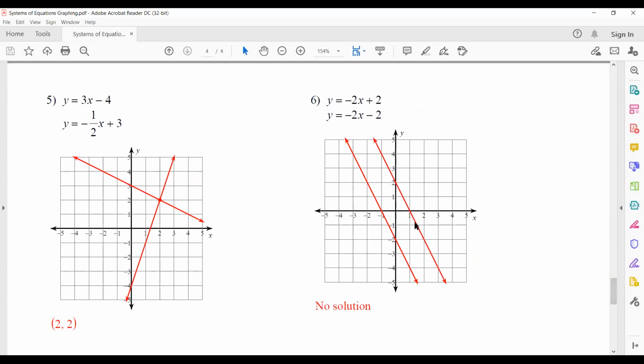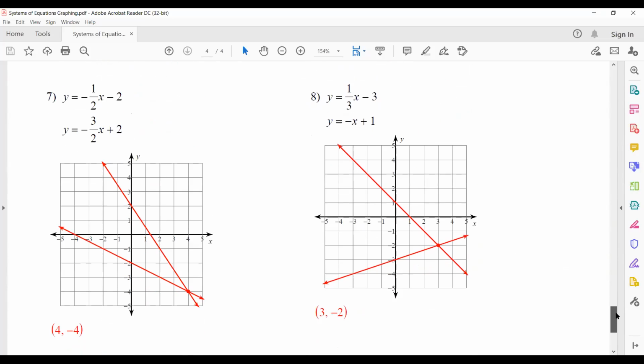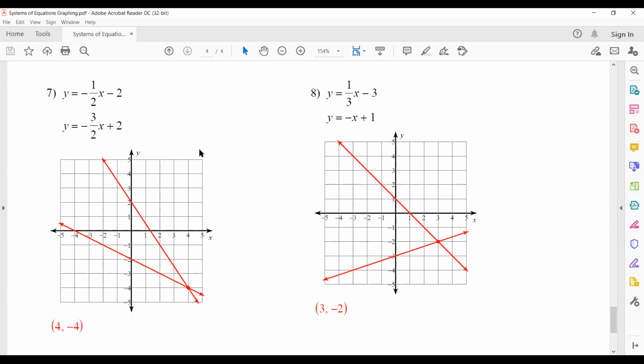So here's the no solution problem. Clearly parallel, railroad track type thing. The ones with the negative slope are interesting, number 7, because they don't cross until they get way down here in the corner. That's just the luck of the draw. That's just the way that it goes.